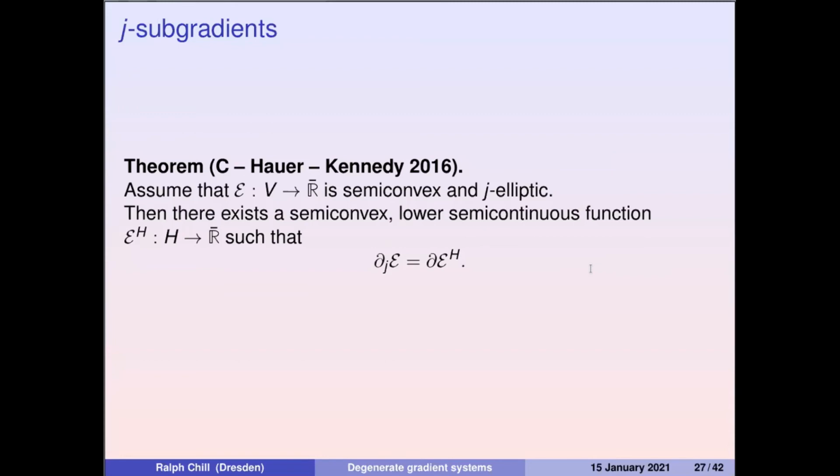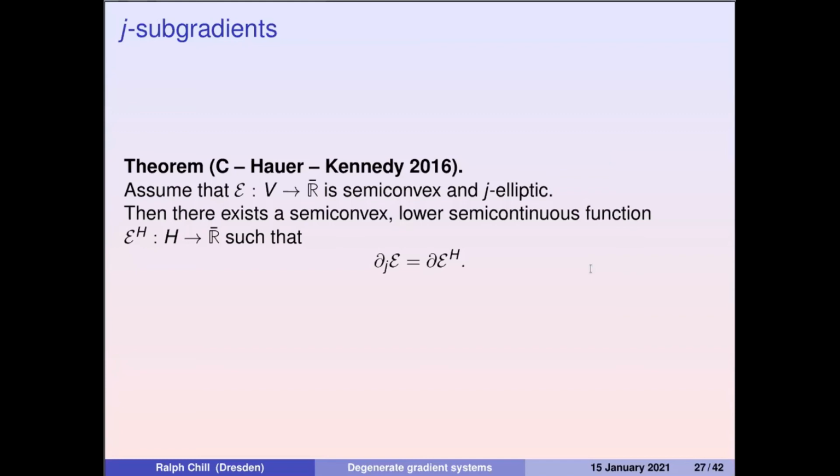That's this theorem, which says: if E is an energy on this Banach space V, semi-convex and J-elliptic, and we define the subgradient on H, this J-subgradient, then this is already a subgradient for some energy on H. That's important.